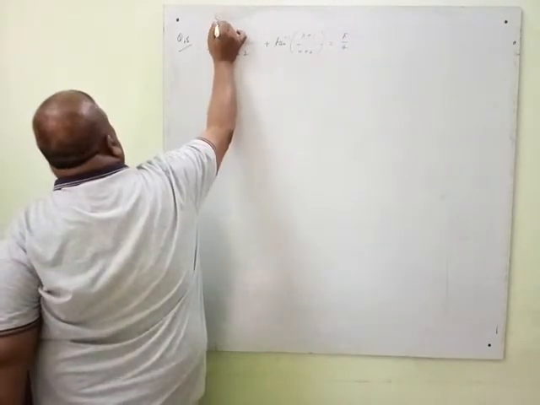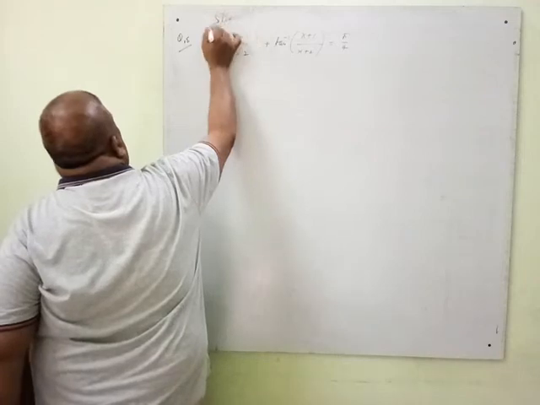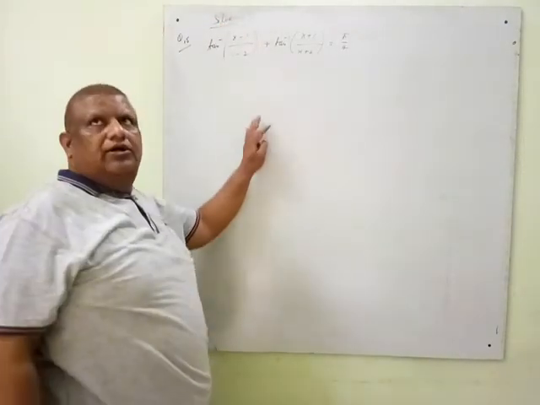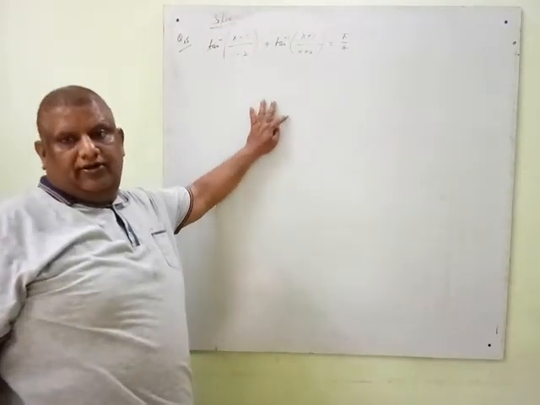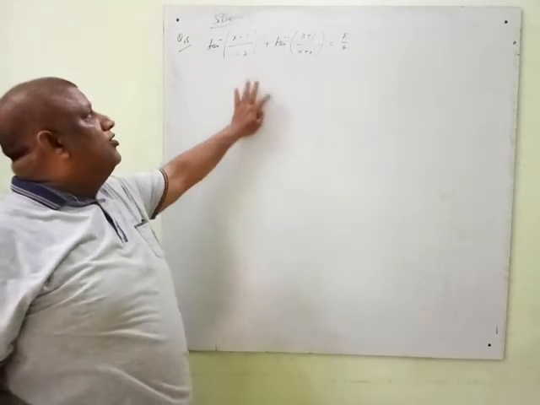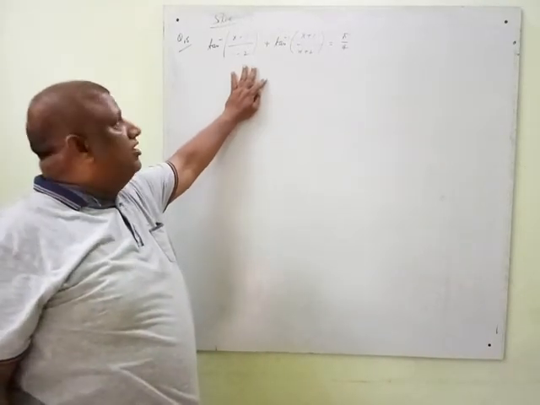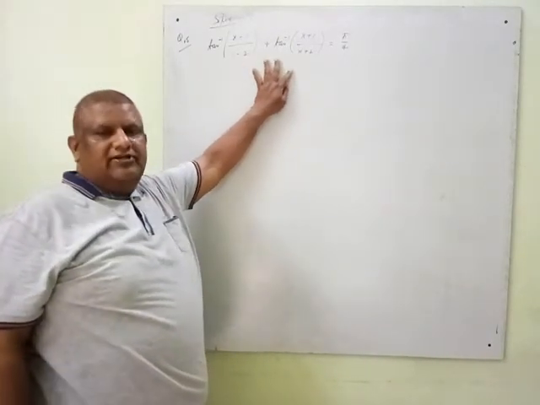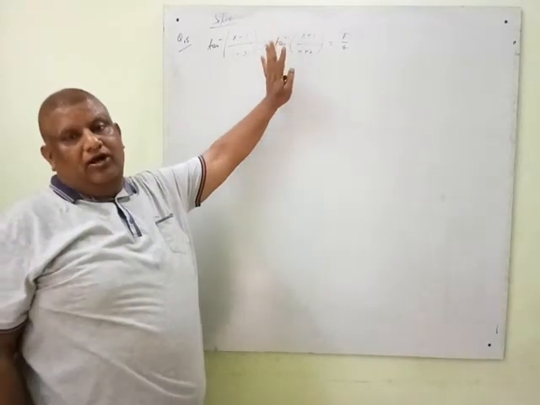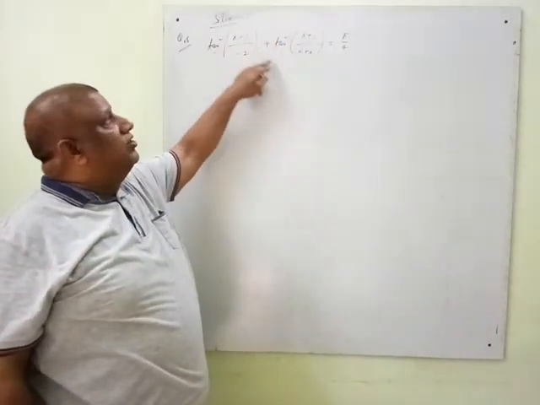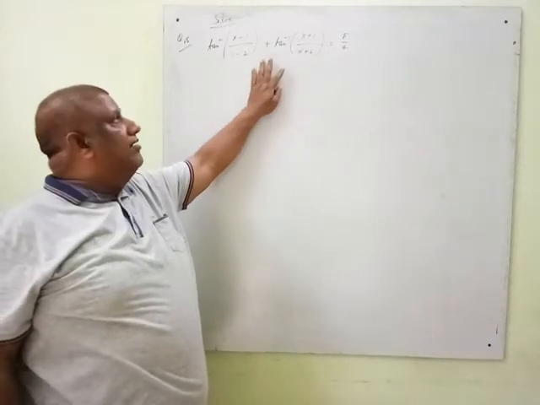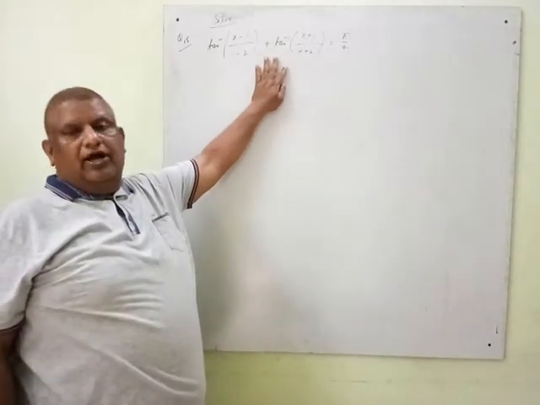Solve it. Dear students, read the question carefully. It is not an identity. Some students try taking the left hand side and try to reach the right hand side. No. It says solve the equation, means we have to take this like an equation and find out the value of x.